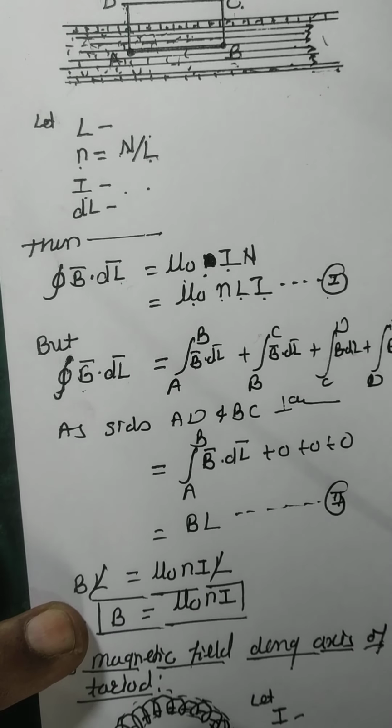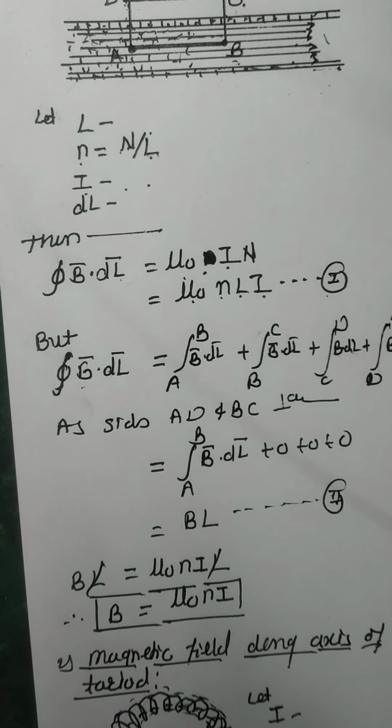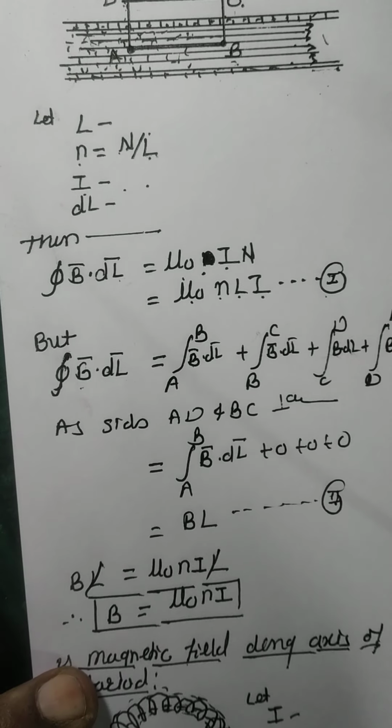Total length is 2 pi r. And therefore, according to Ampere's law, line integral of magnetic induction B dot dl, जसं इथे केलं तसंच, is mu naught into n I. Suppose this is equation number 1.